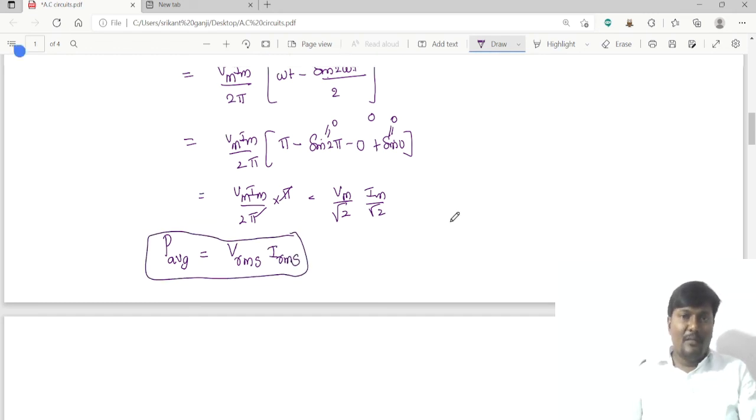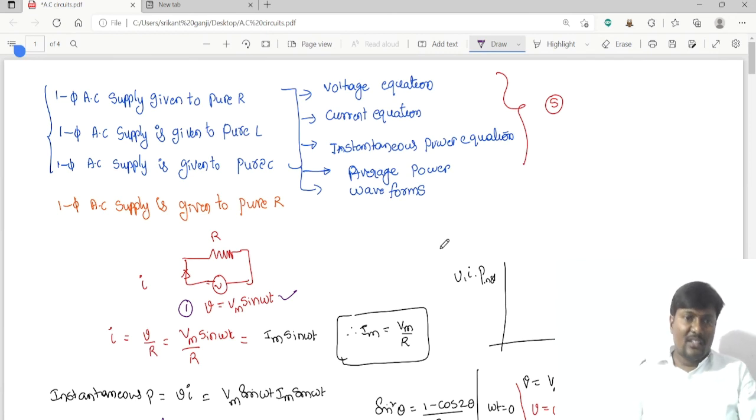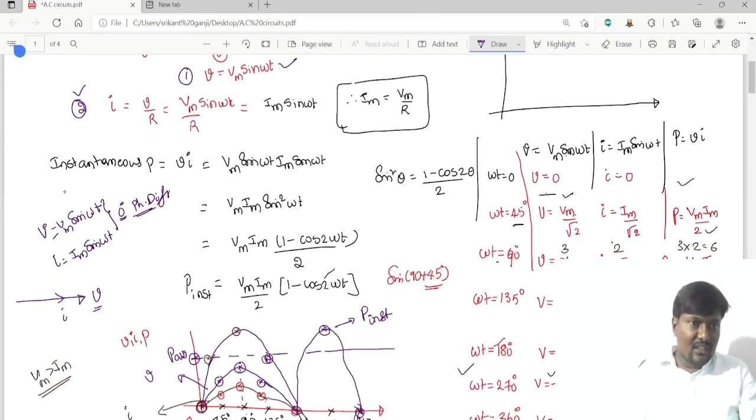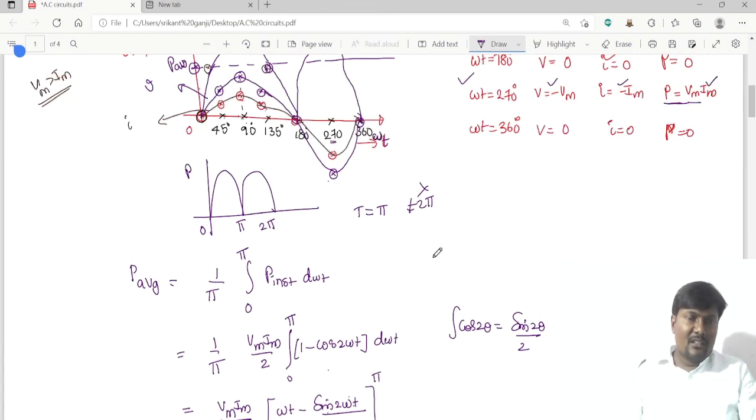Once again coming to this point: the first is the voltage equation, the second is the current equation, the third is the instantaneous power equation, the fourth is the average power, and the fifth is the waveform.